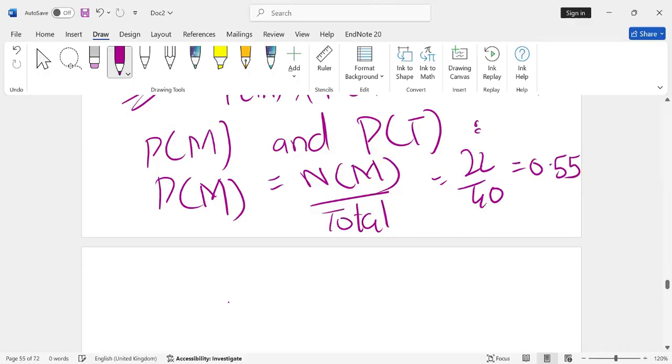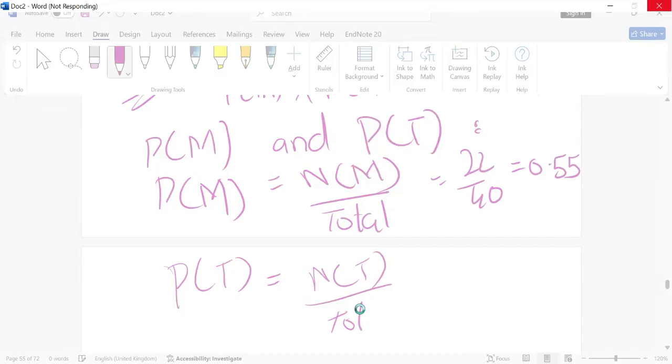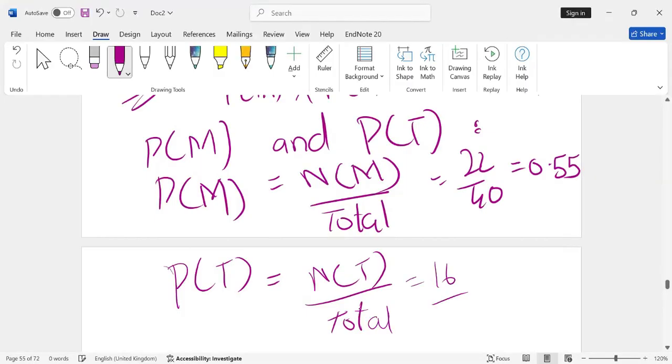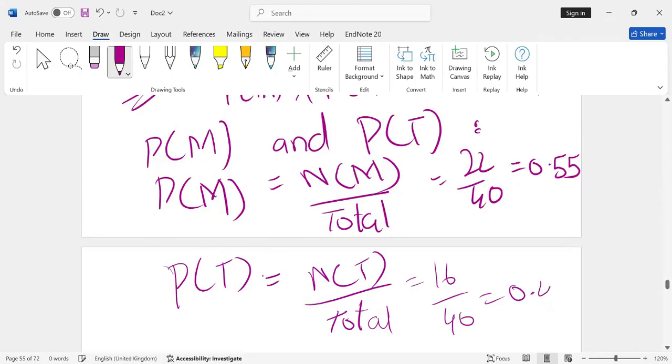So P of T that is equals to n of T by total, 16 by 40, which is equals to 0.40.